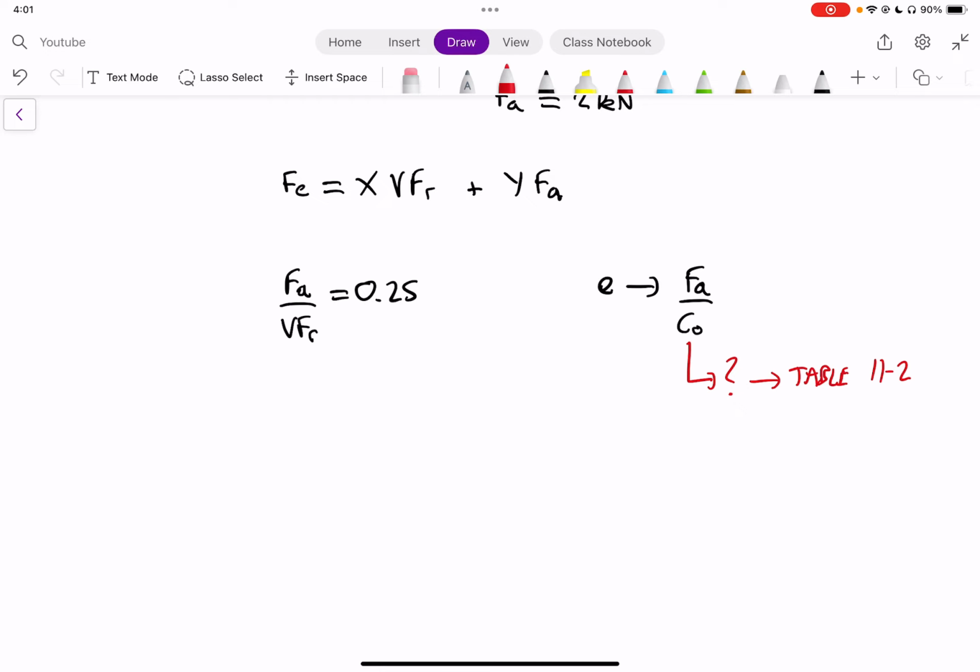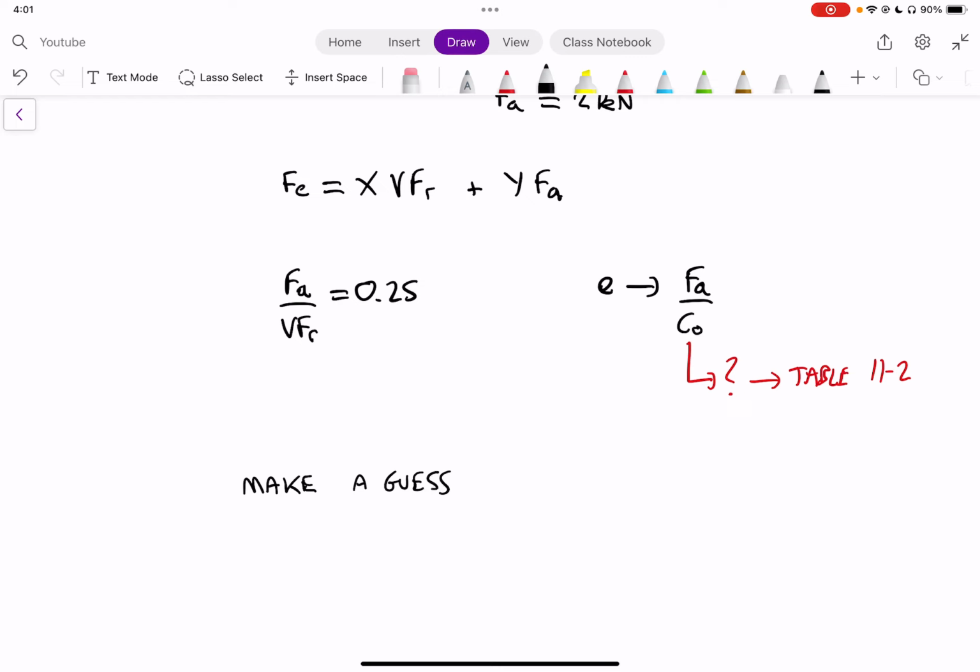So we're kind of stuck in a position where we can't really check if FA over VFR is greater than or less than E because we don't know the bearing that we chose. So what we need to do is make a guess on what bearing to choose.